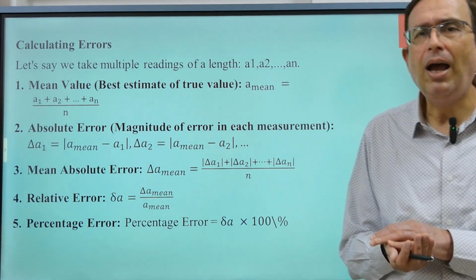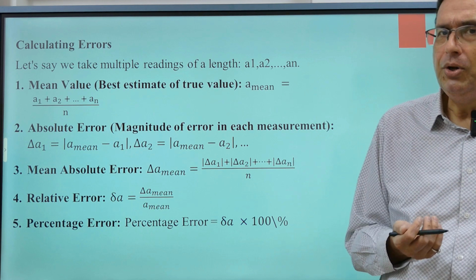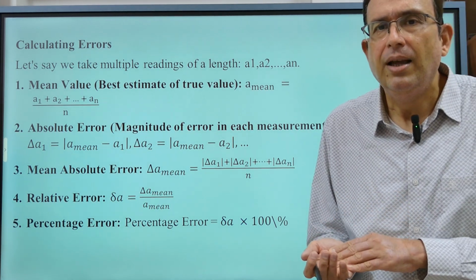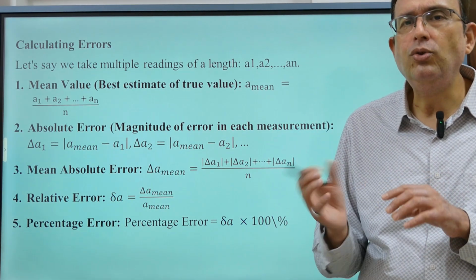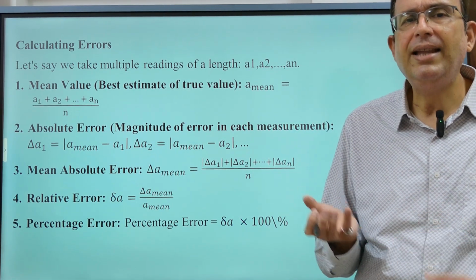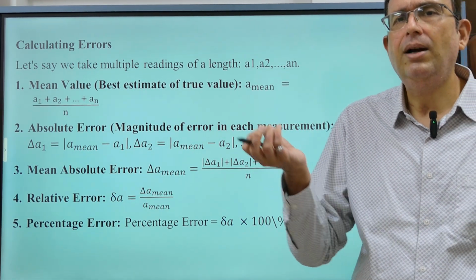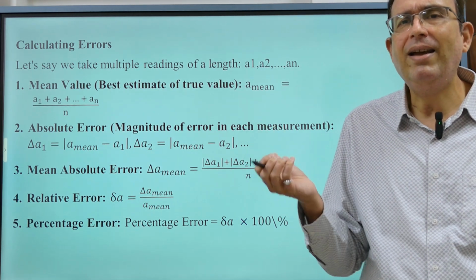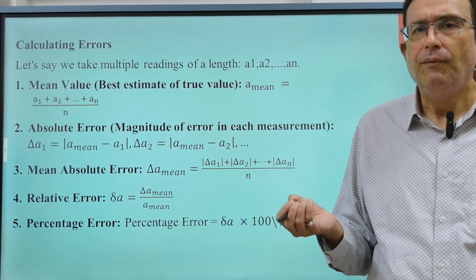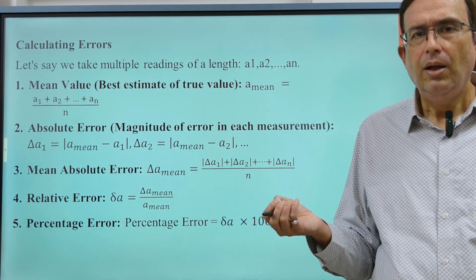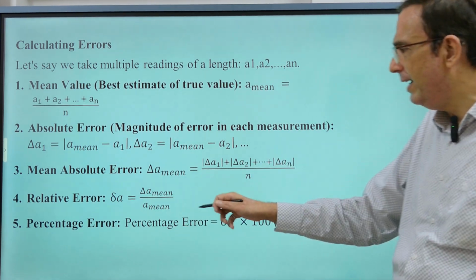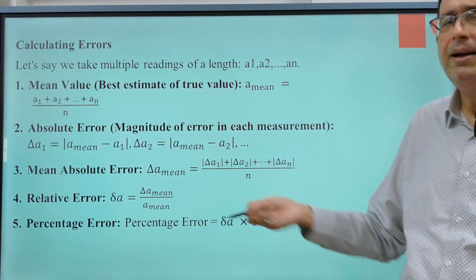Let us say you are measuring an object whose mass is 10 kg, and the error in that is 0.1 kg. Then the relative error would be 0.1 by 10, which is equal to 0.01. When you multiply that relative error by 100, you get the percentage error.